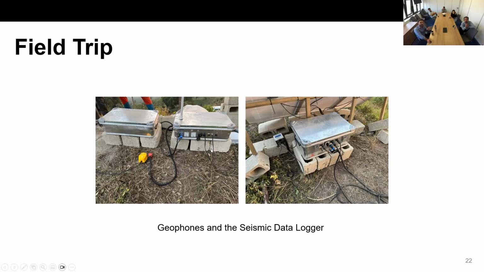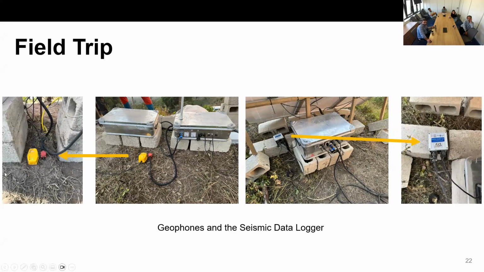In terms of the seismic data logging, I need to mention that we have a device there, which is a data cube here, and two different geophones, the yellow one and the red one. The yellow one is only for the data log, so the data cube that you can see in the picture on the far right-hand side. This is the data cube, a military grade device, which is nice.